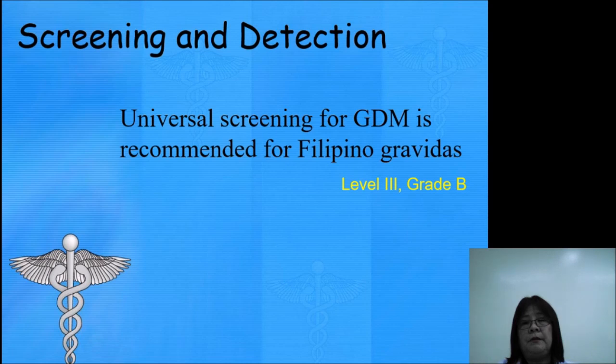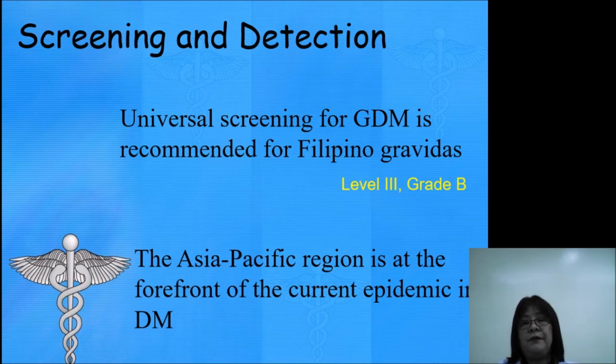As recommended by the WHO, for Filipino gravidas, universal screening for GDM is recommended during the first prenatal care. The Asia-Pacific region is pandemic or epidemic with regards to the occurrence of diabetes mellitus.